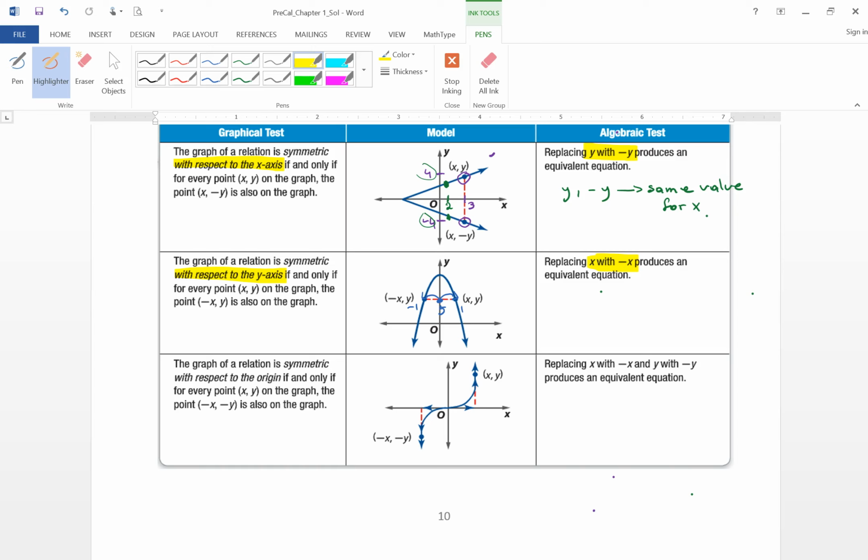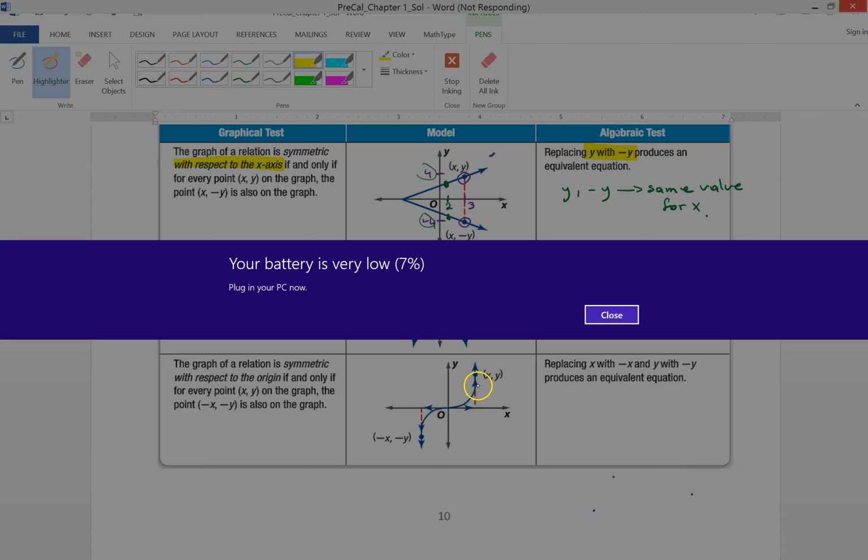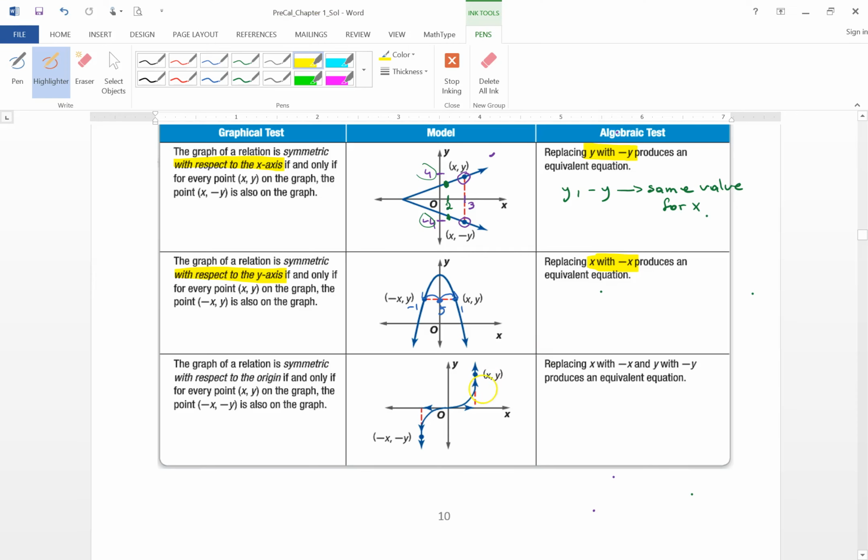Now, something can also be symmetric with respect to the origin. Look at this one. If I flip this function over downward, and then along the y-axis, then the two ends will match, right? So this is symmetric with respect to the origin.